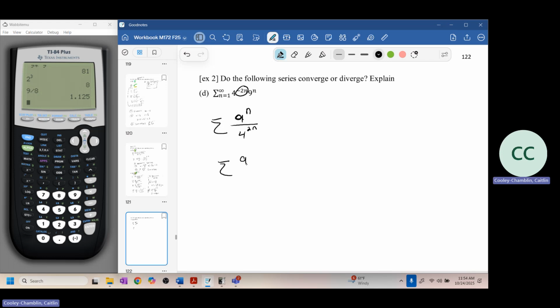This is going to be 9 times 9 to the n minus 1. I plucked one of those 9s out. And in the denominator, I'm going to do this in multiple steps. I get 4 squared to the n. So 4 squared is 16. And so we get the summation of 9 times 9 to the n minus 1 over 16 to the n.